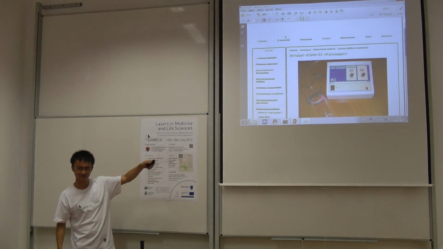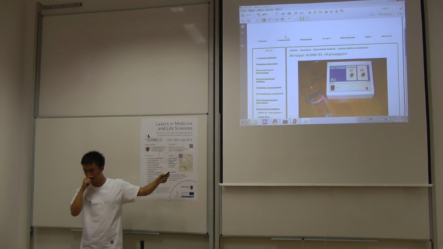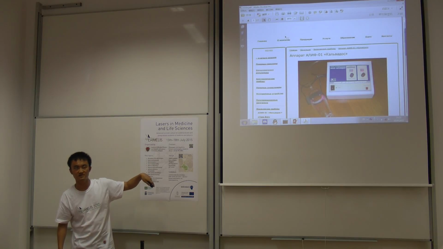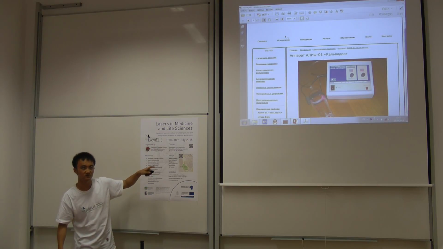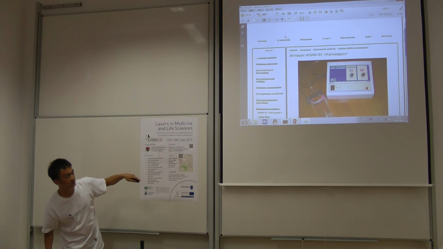It's copied, printed out from a Russian company. It's called Plus. It's the biggest company of laser technology, and they also have their own institute and their own graduate school, and they cooperated with the Russian government.